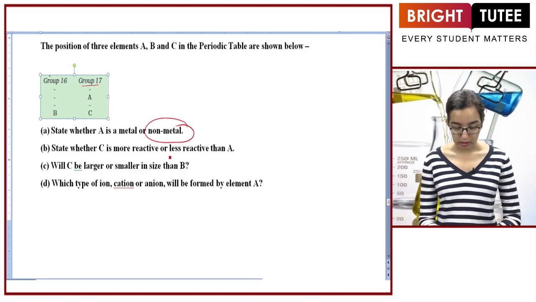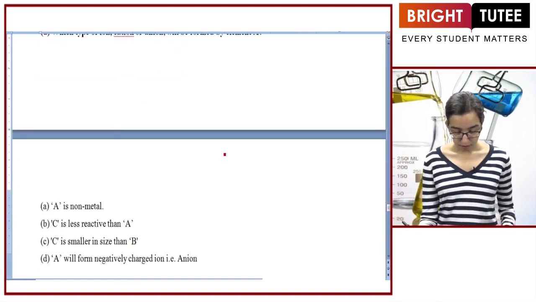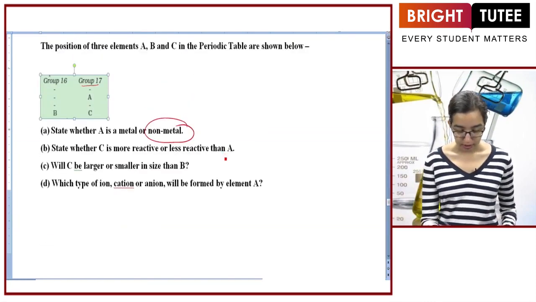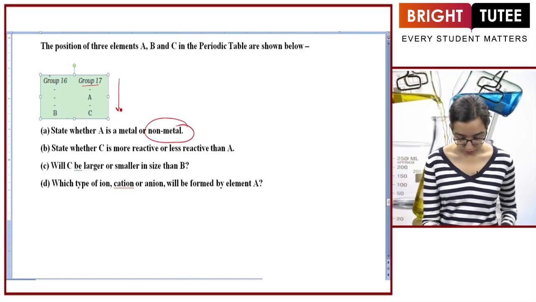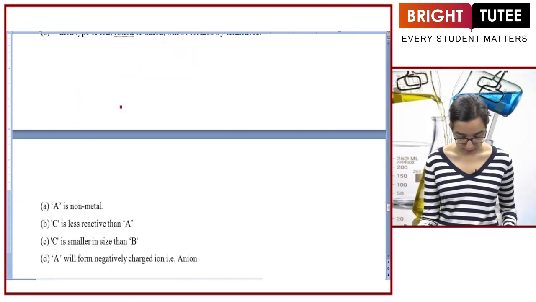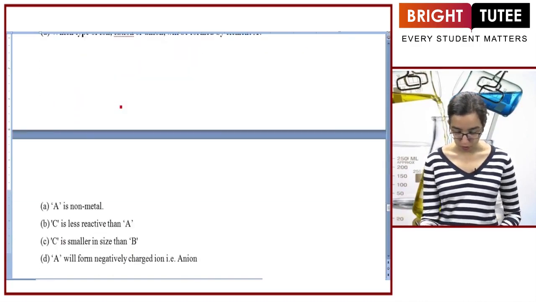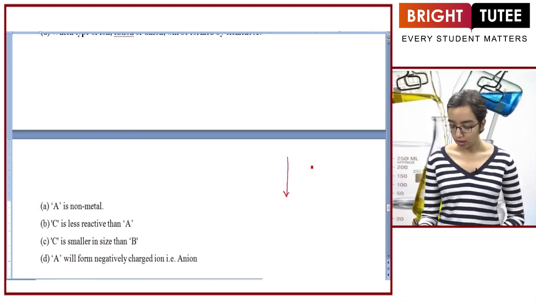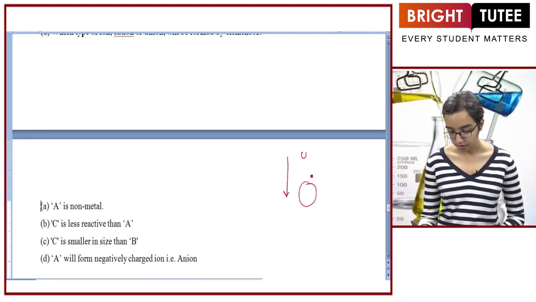State whether C is more or less reactive than A. Now for non-metals, when they go down the group, the non-metallic character would decrease because the atom becomes bigger, right?